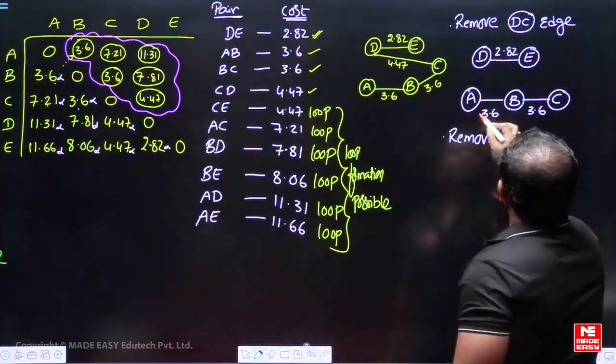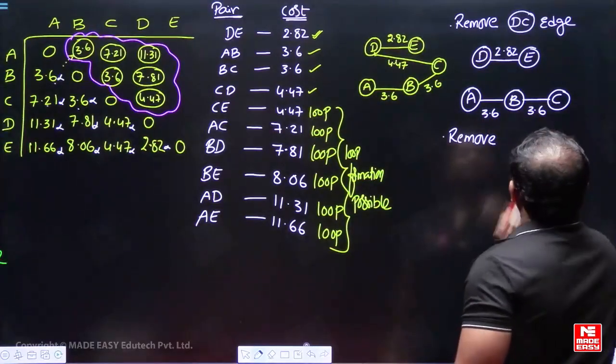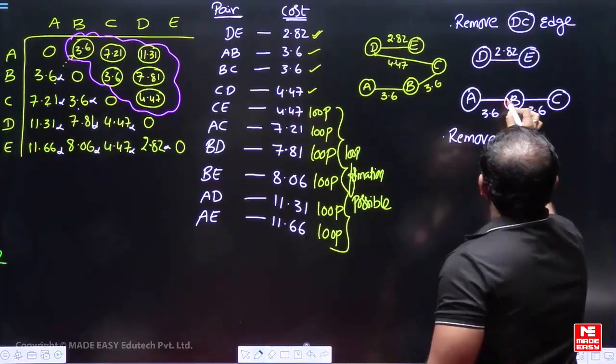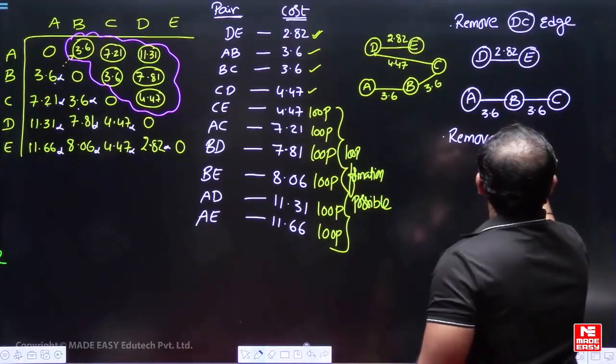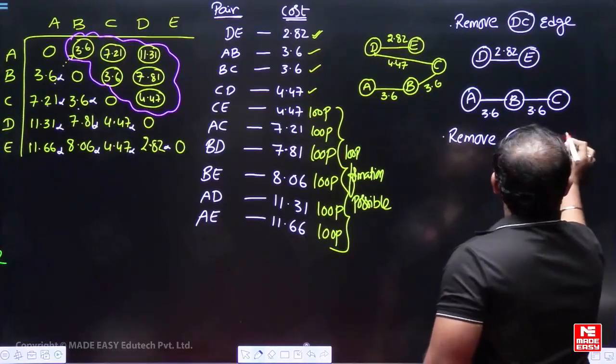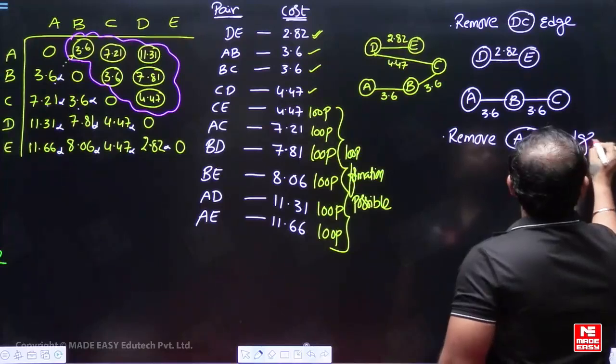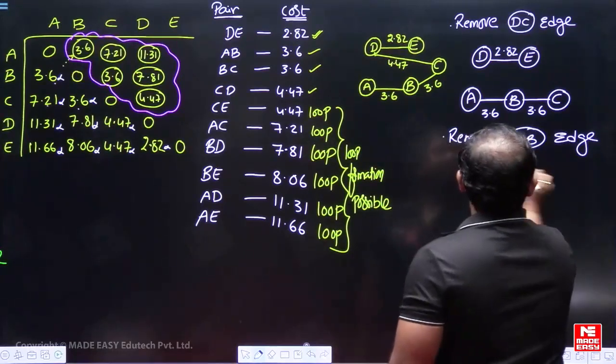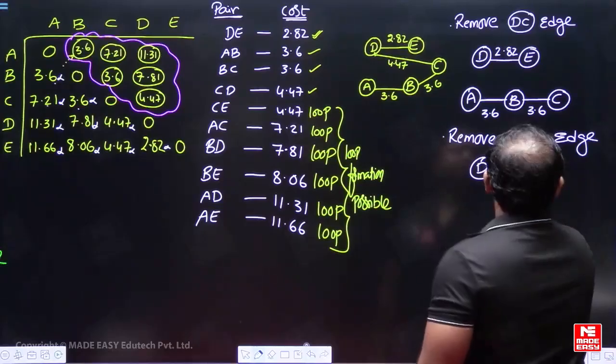Here, dekho, this is 3.6, this is also 3.6. Then when we have a common, then you need to take any one. So let me take AB edge. So here D, E, that edge is already present, 2.82.